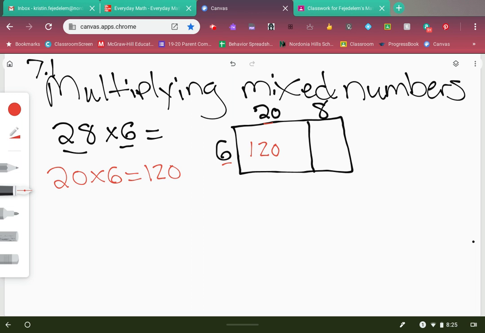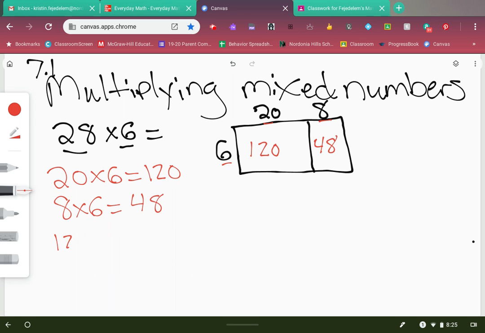That area is 120. And then my second partial product is I have a length of 8 and a width of 6. So I have 8 times 6 is 48. And then our last step is to add those together.